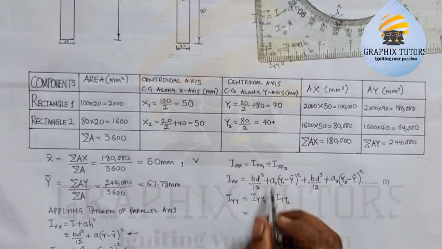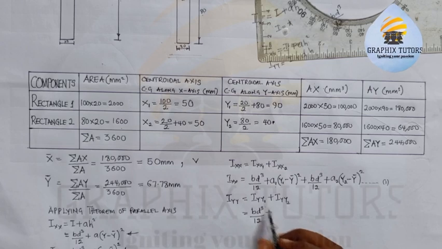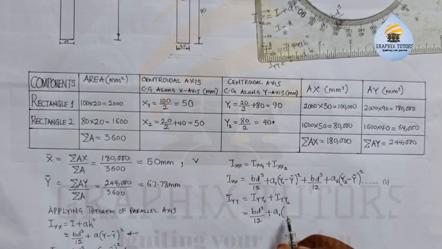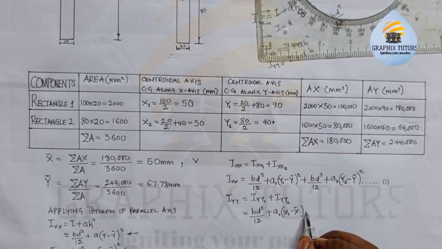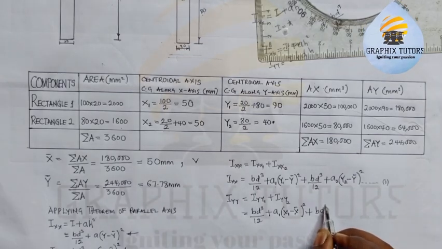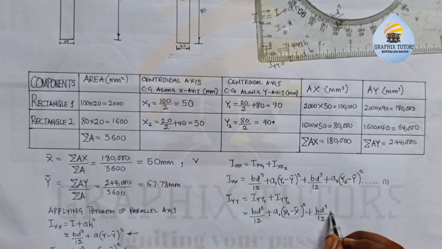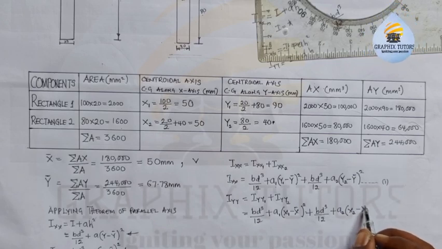We have BD cube all over 12, that's for IY1, plus A1 into brackets x1 minus x bar, since I'm dealing with IY, all square, plus the BD cube all over 12 plus A2 into brackets x2 minus x bar all squared.